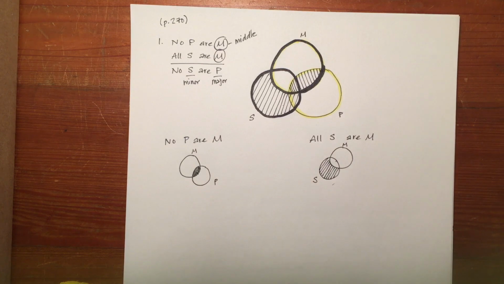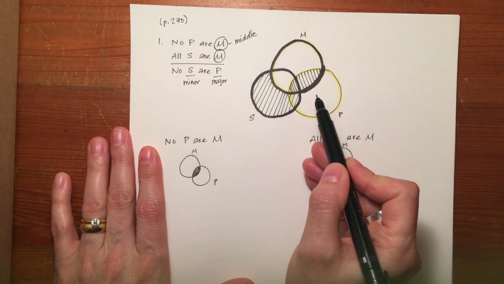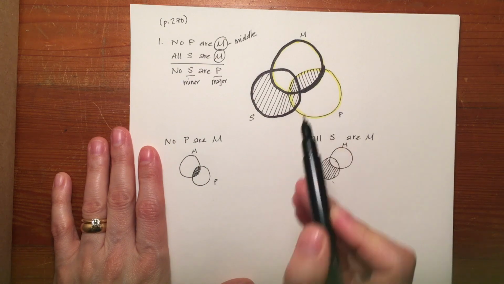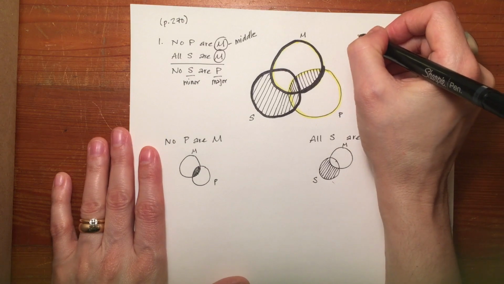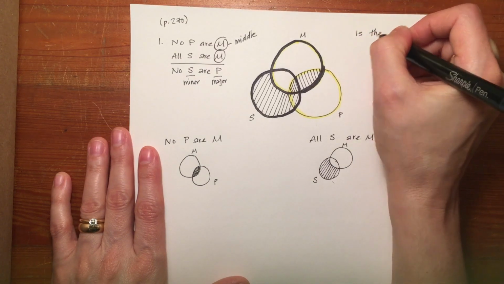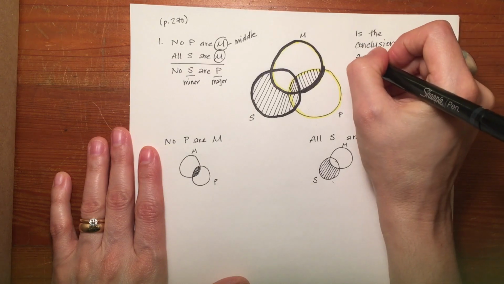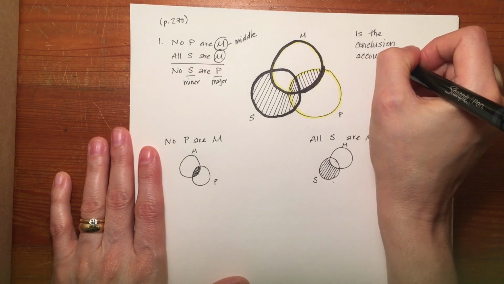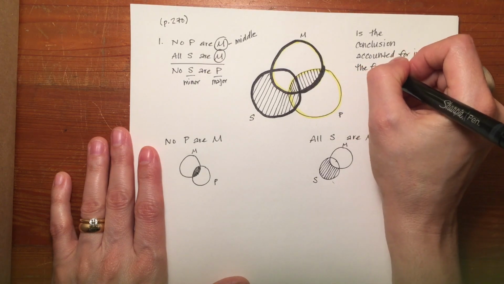Now, what you're meant to be able to do with this is to determine whether the conclusion is present when the premises are put into the diagram. So I'm going to look at this diagram and say, is the conclusion accounted for in the finished diagram?